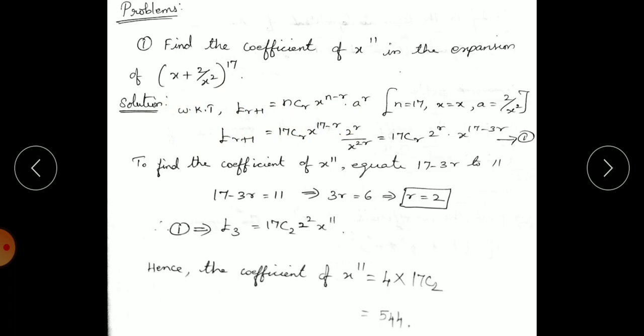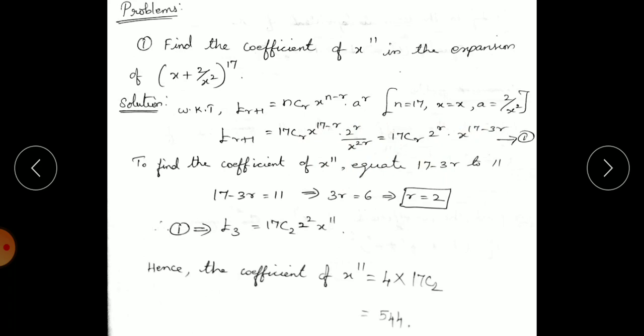So we take n as 17, x as x, and a as 2 by x squared. Now we can apply the formula: 17Cr x power 17 minus r into 2 power r by x power 2r. After simplifying, we get 17Cr, 2 power r, and x power 17 minus r. This x power 2r can be taken to the numerator, so x power 17 minus 3r.